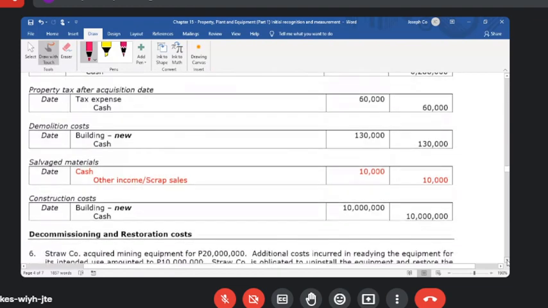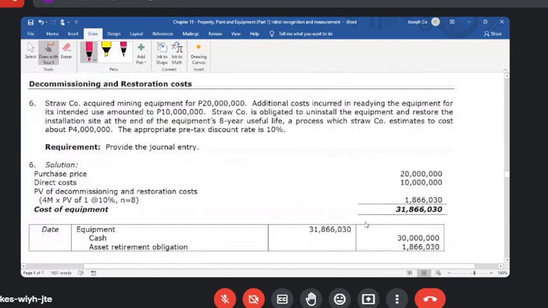Okay. Next is decommissioning cost or restoration cost. No? We learned that the decommissioning and restoration costs are capitalizable. Straw company acquired mining equipment for 20 million. Additional costs incurred in readying the equipment for intended use amounted to 10 million.